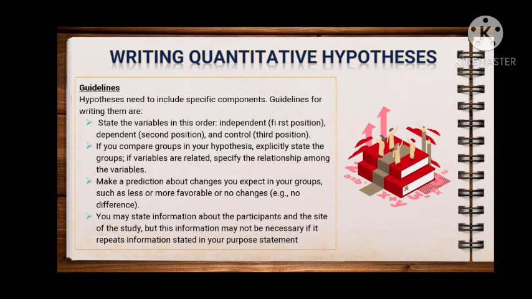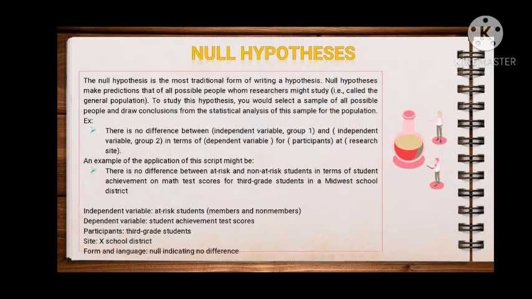And finally, we come to the null hypothesis. The null hypothesis is the most traditional form of writing a hypothesis. Null hypotheses make predictions about all possible people whom researchers might study, called the general population.